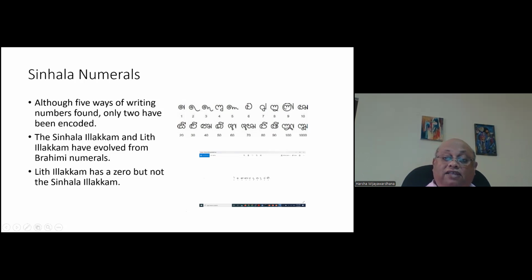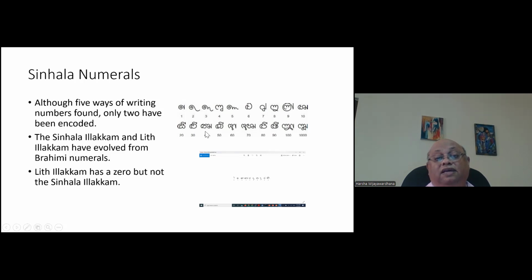And so they are directly evolving from Brahmi, and you will see the Brahmi numerals. You will see there is a direct evolution to 20, 30, 40. But whereas in the Tamil numerals, you don't find these symbols. I have not found them; probably they would have been there, but they would have been lost later on. But in Sinhala Ilakam, they retain these symbols.